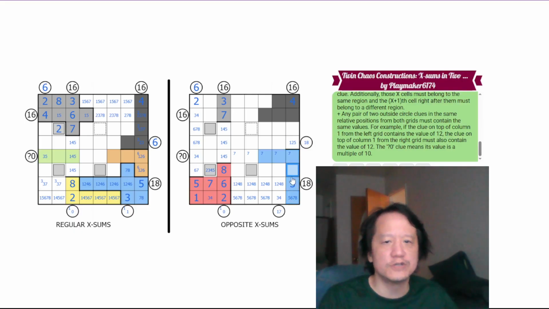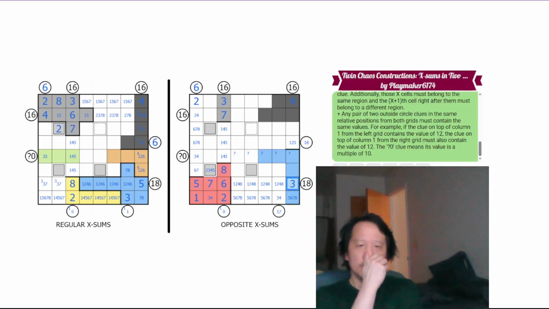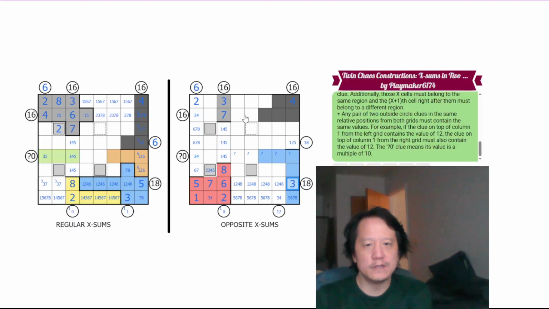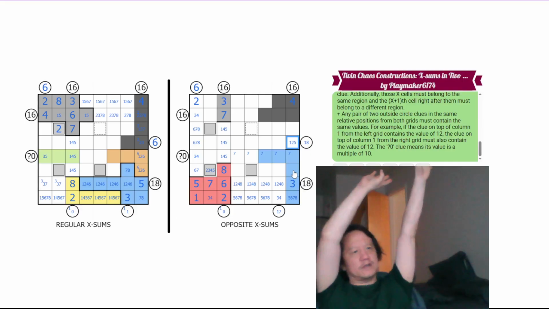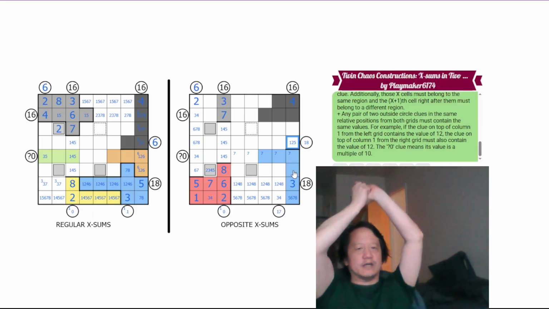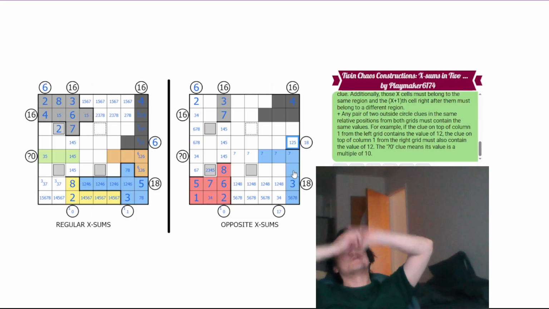4 digits, which includes a 3. So these adds up to 16. These 4 add up to 20. Doesn't it have to be 5, 7, 8 to add up? Oh, no, it has a 4 also in it. So the remaining 3 must add up to 16.